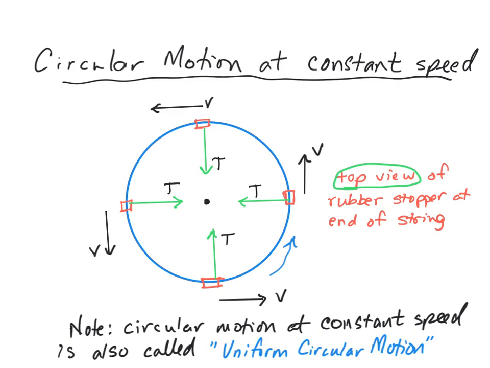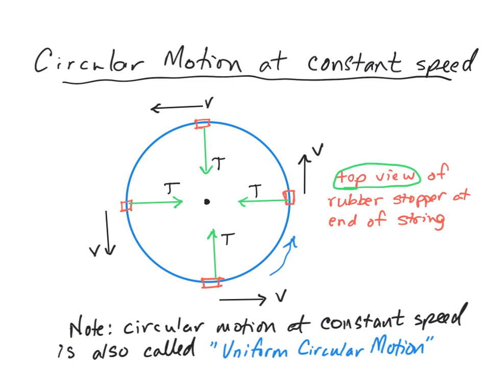But it doesn't go in that path for more than an instant, because the tension pulls it towards the center. So you've got this tension force that makes it turn. Up at the top, velocity to the left, tension force towards the center. You notice they're always at a 90-degree angle to one another. That's an important feature of circular motion.